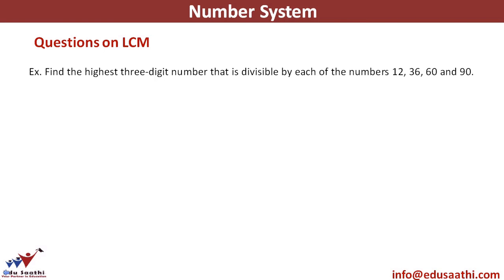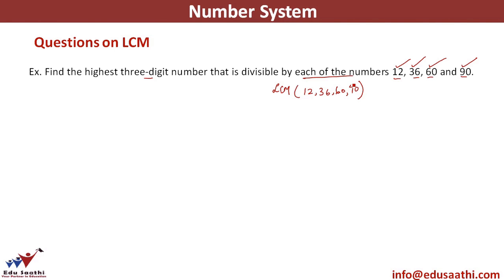The first question that we look at is: find the highest 3-digit number that is divisible by each of the numbers 12, 36, 60 and 90. So I want a number which is divisible by 12 and 36 and 60 and 90. So basically what I am looking at is the common multiples of 12, 36, 60 and 90.